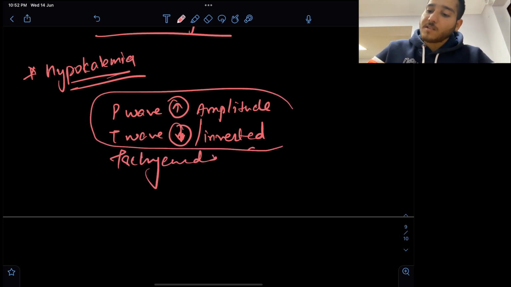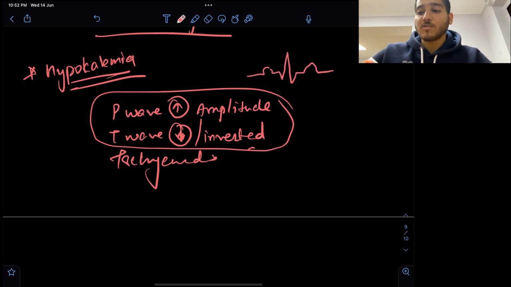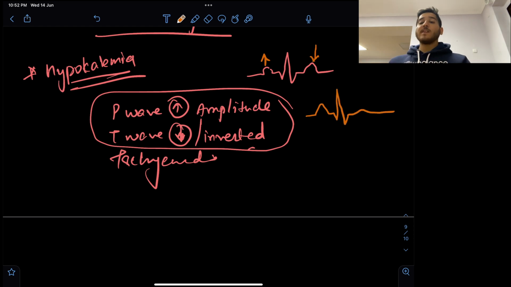These are the main things. In hypokalemia, this is the normal ECG. The T wave will go down and the P wave will come up, so it will look like this. This is exactly opposite to what we have seen in patients of hyperkalemia.